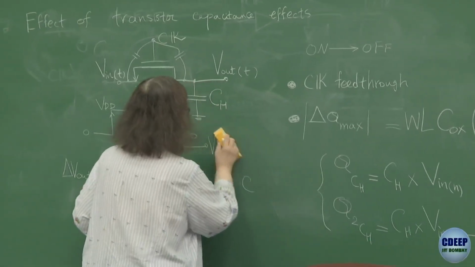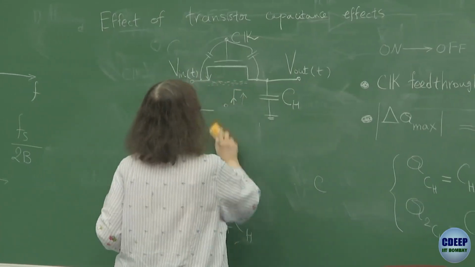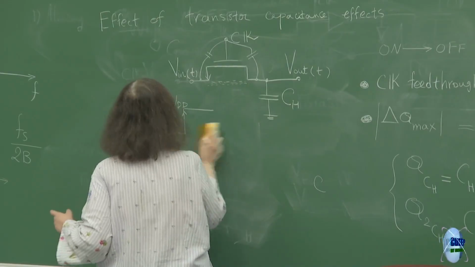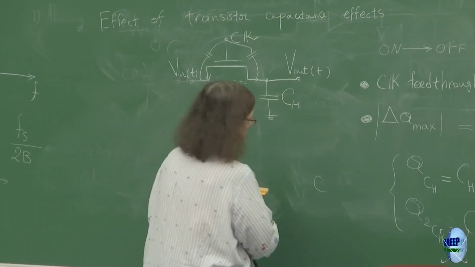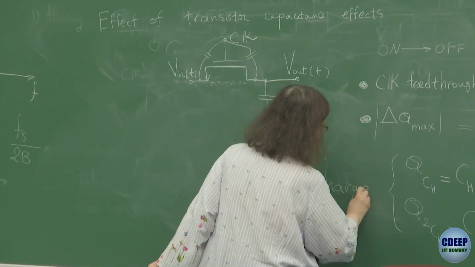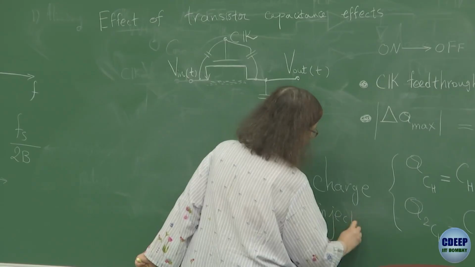Let me remove this clock feedthrough so it's not mixed with the clock feedthrough. So this is charge injection. What does that mean? Charge is injected from the channel to CH.